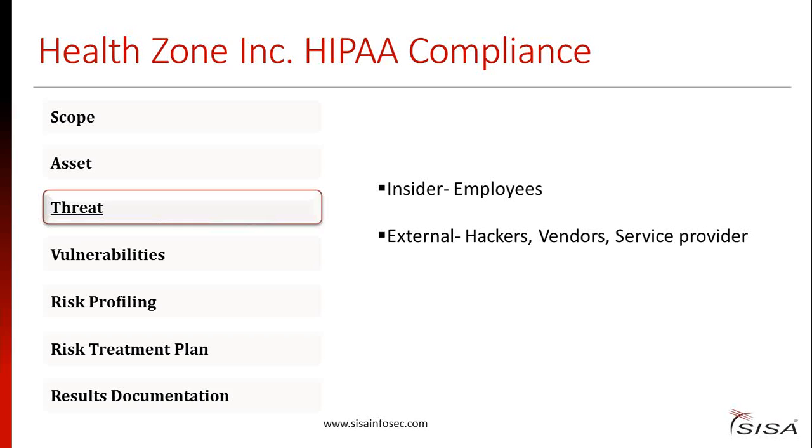When we consider external threats, Health Zone has to consider external hackers, vendors, and service providers, because they have one application that is publicly hosted. So hackers will be a considerable threat for their environment.